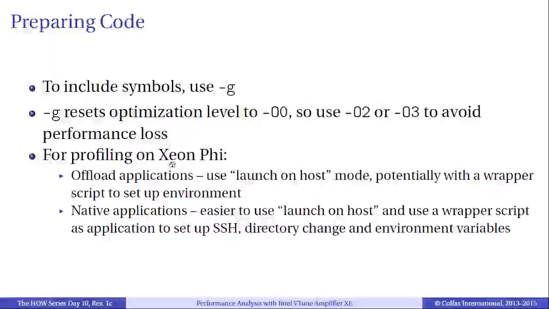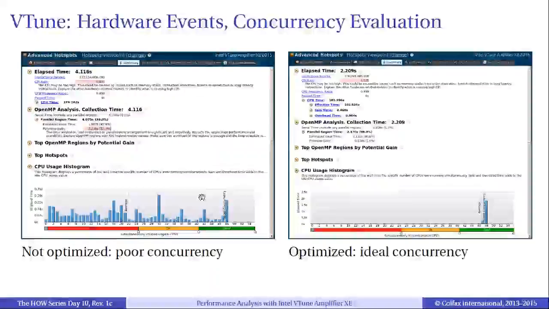You can use VTune with Xeon Phi, both for offload and for native applications. And in both cases, you can use a wrapper script to set up environment in your application. And I will show you how to set up VTune in the launch on host or launch on target method for both offload and native applications.